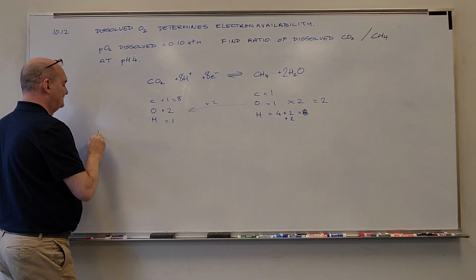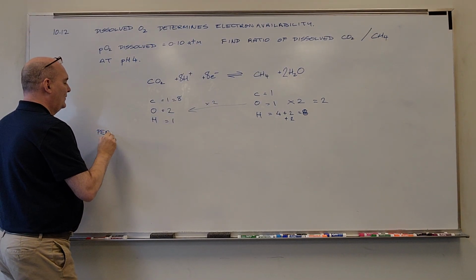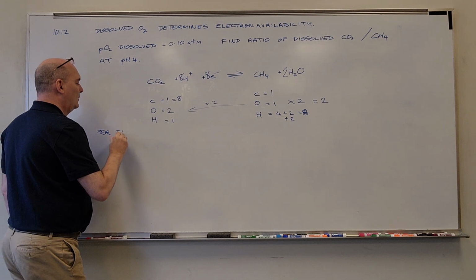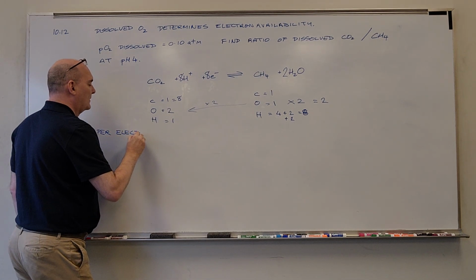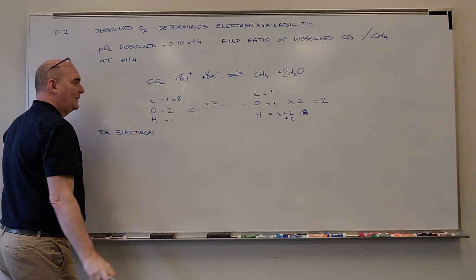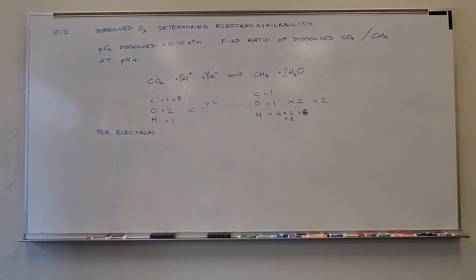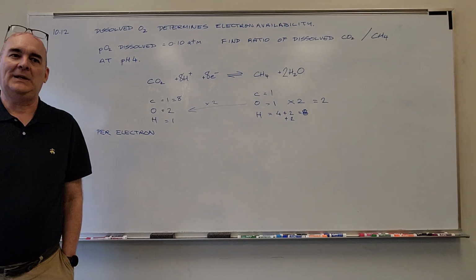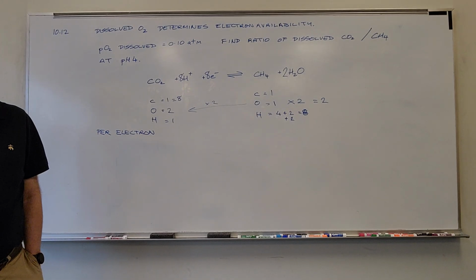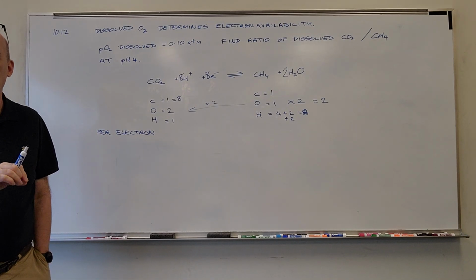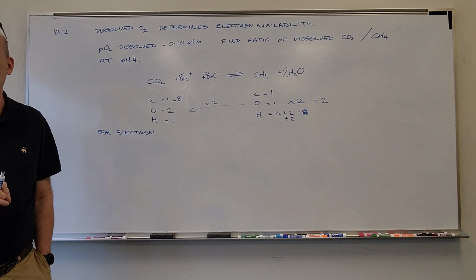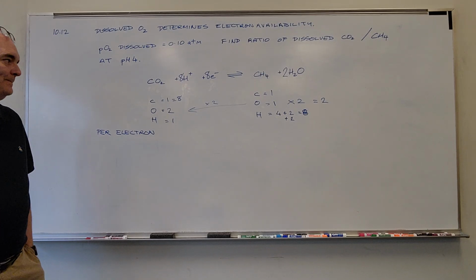Now, why it looks so unfamiliar in the book is, let's write that again, but write it per electron. The PE is the effect of the electron, or at least its availability.